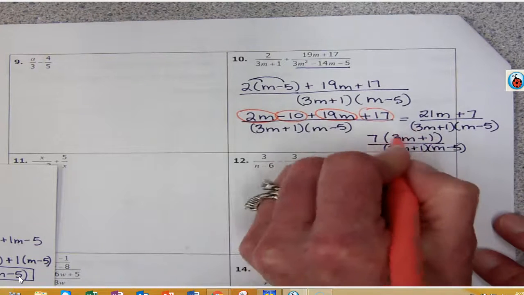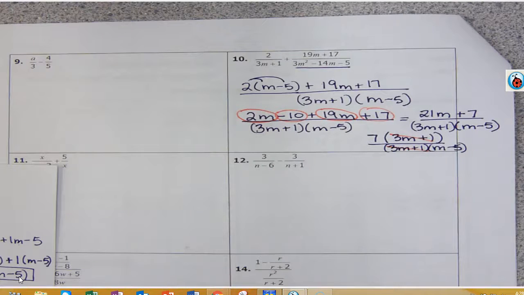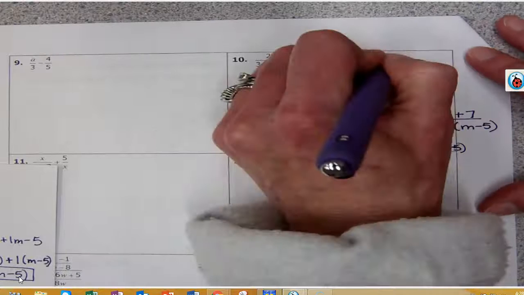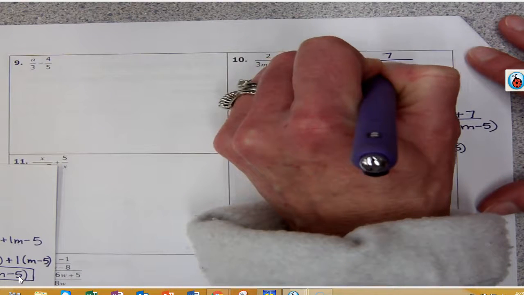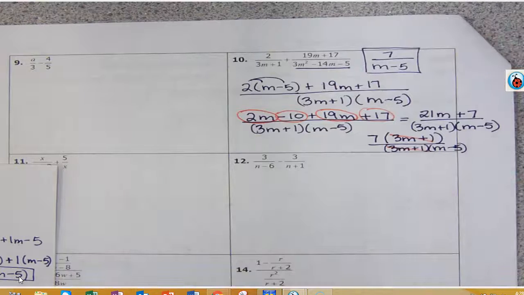And luckily now we can cross out your 3m plus 1 over 3m plus 1, and my answer would be 7 over m minus 5. So hopefully that will make a little bit of sense.